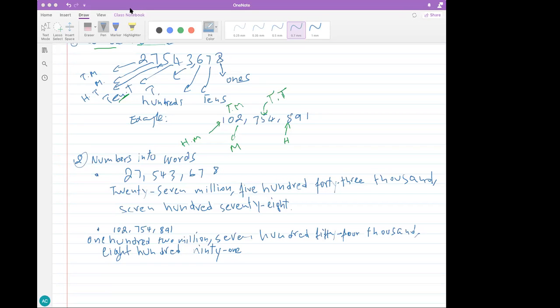Again, you will be given numbers or sentences in words, and you will have to turn those into either a sentence like this or into digits. Get used to doing this.